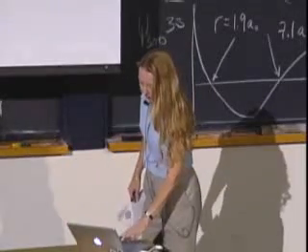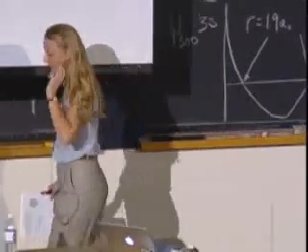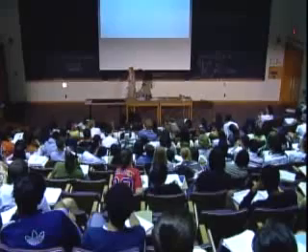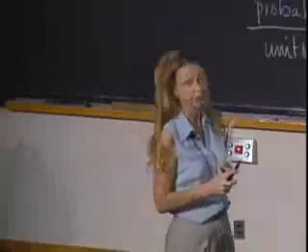Now, so far, we've talked only about the probability density in this interpretation. We haven't talked about any probabilities yet. And to do so, we're going to talk about this function here. It's called a radial probability distribution.